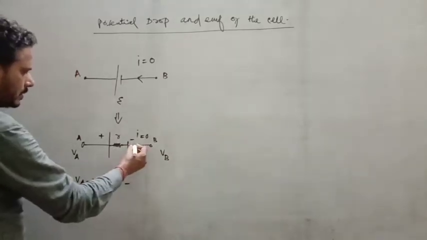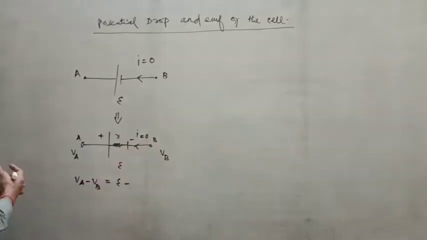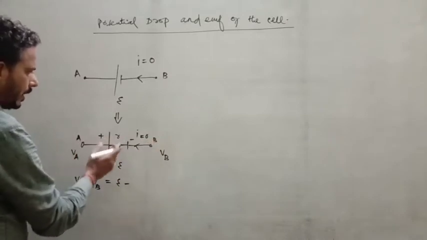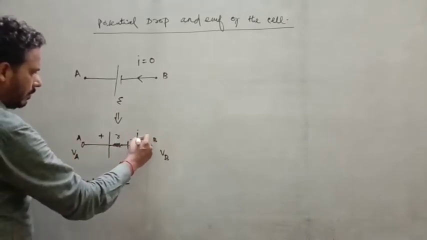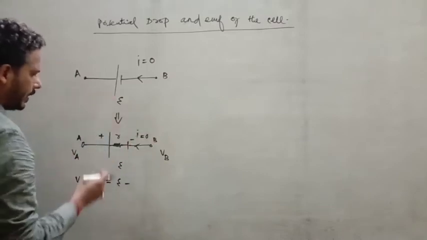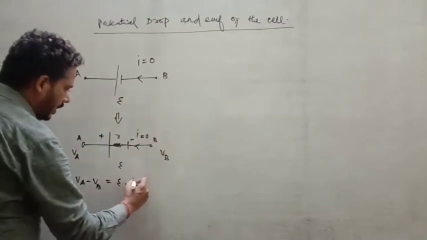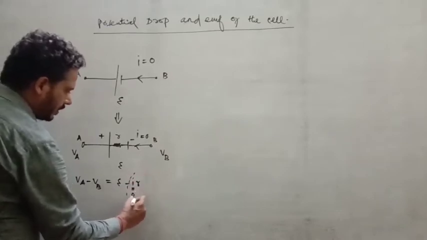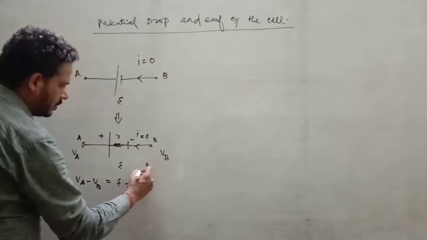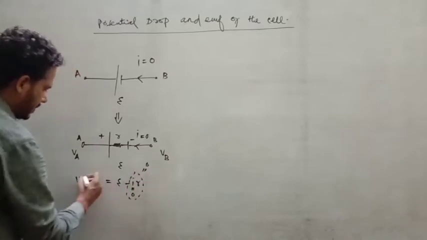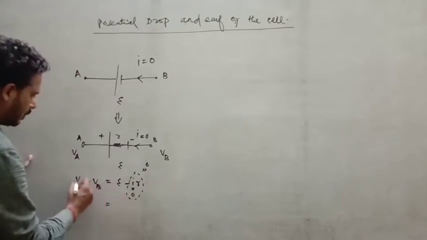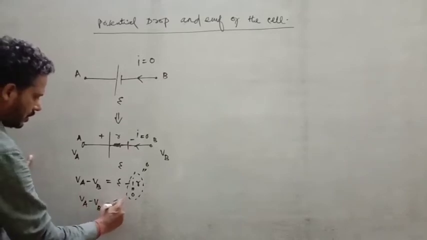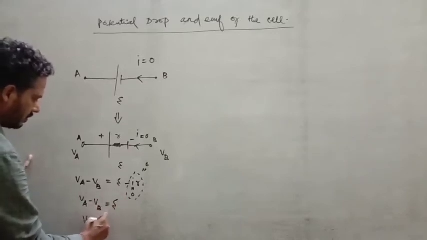If we go opposite to the direction of current, it is negative, but because I is 0, the whole Ir factor becomes 0. So VA minus VB is equal to E, that is V is simply E.